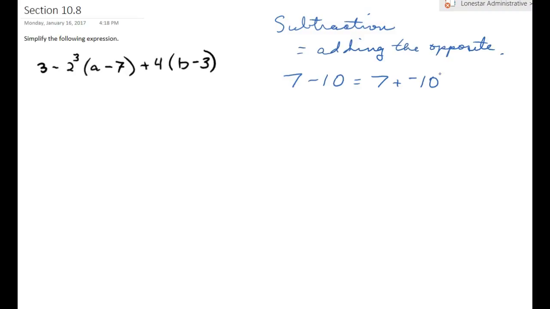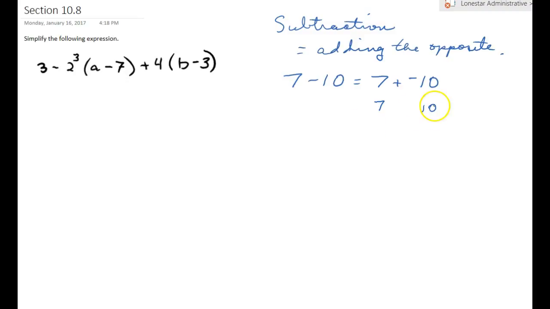Okay, now this helps us to review something about adding negatives and positives. Here we have a negative that's larger than the positive, and when you add them, you take the difference of the absolute values of negative 10 and 7. The absolute values are what the numbers are if they had no sign at all, which would be 7 and 10.